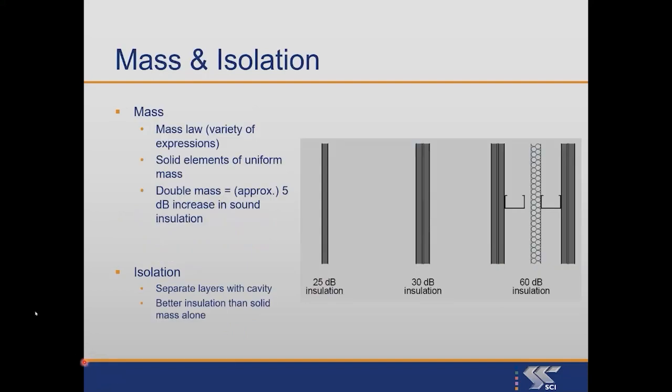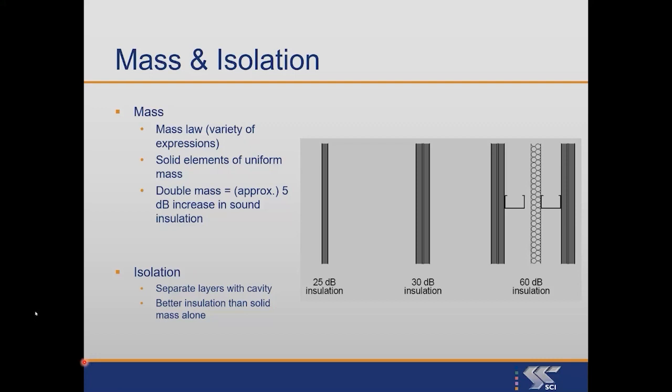So this slide demonstrates both the mass and isolation and how they help to achieve sound insulation. So if we look at the figure, that first drawing is meant to represent one layer of plasterboard, or sort of sound insulating plasterboard.